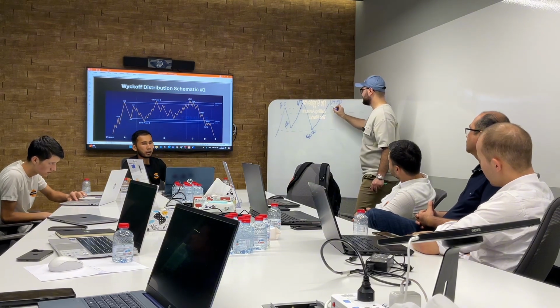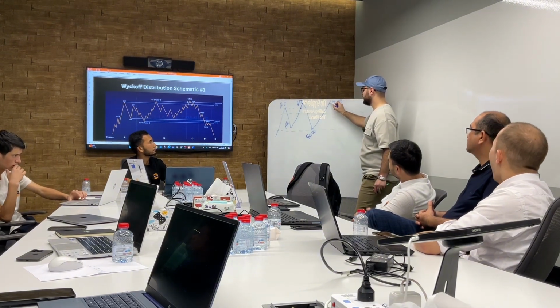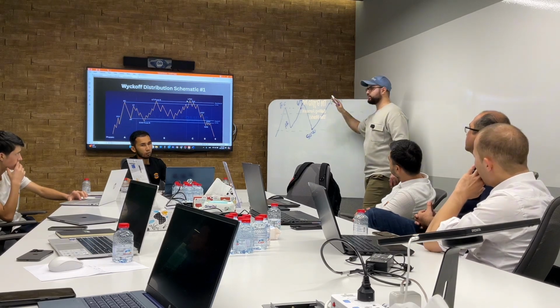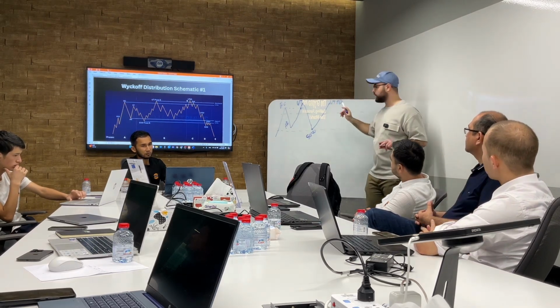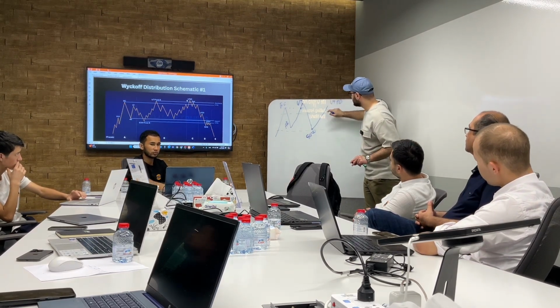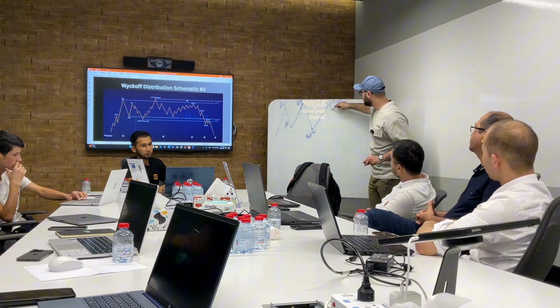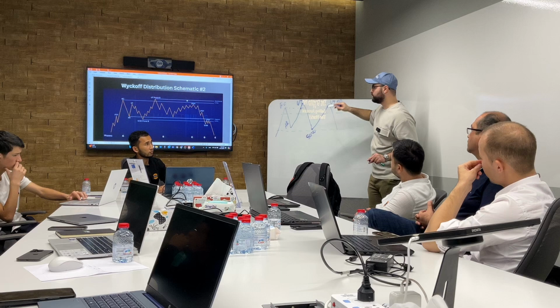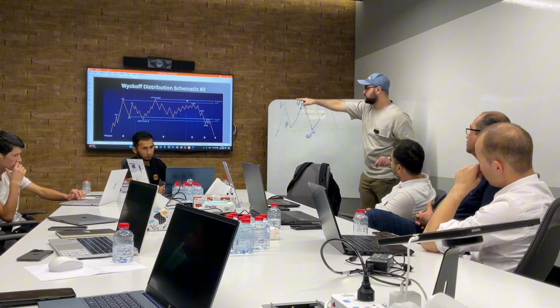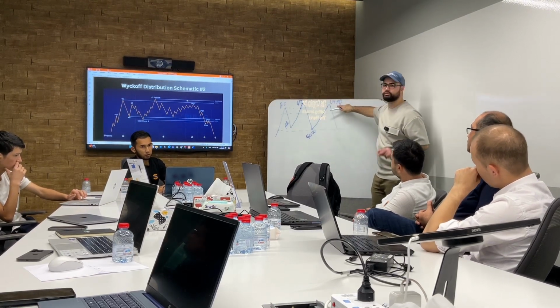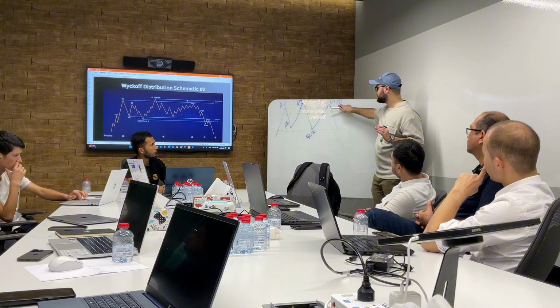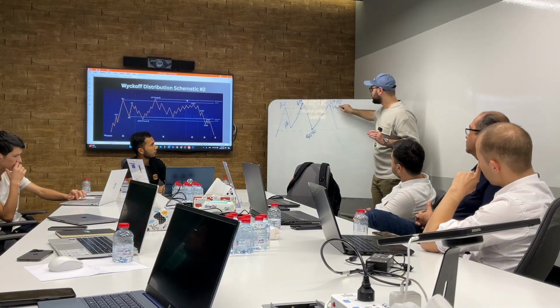So this high is actually called upthrust after distribution, UTAD. But to be honest, I've never seen it on any chart. I only see it go only here, it doesn't take this one. Then again, signs of weakness. So here, instead of upthrust after distribution, it's the last point of supply.